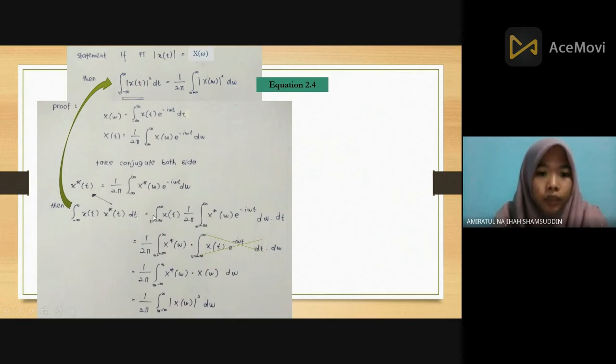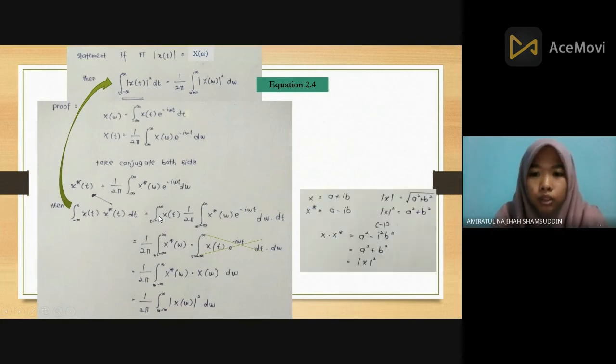The conjugate works like this: when x equals a plus ib, the conjugate is x conjugate equal to a minus ib. So from this equation we get the integration of x(t) times 1 over 2 pi times the integration of X conjugate omega e to the power negative i omega t d omega dt.